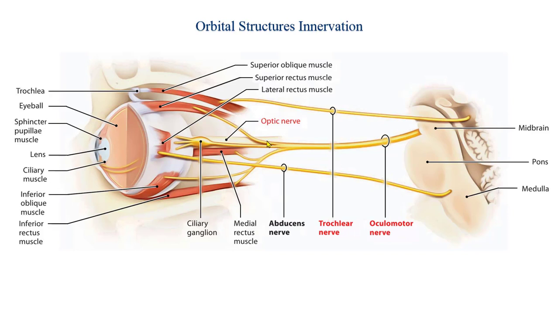The superior division sends branches to the levator palpebrae superioris and the superior rectus, whereas the inferior division innervates the medial and inferior recti and inferior oblique muscles. This division also supplies parasympathetic motor fibers to the ciliary ganglion.